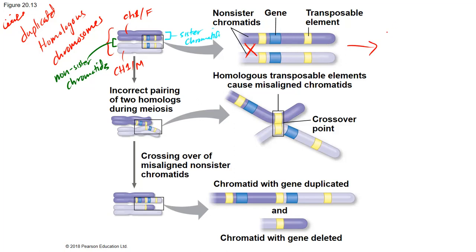So let me use two different colors. So now we will have a chromosome like this, with another sister chromatid chromosome, and maybe something like this.